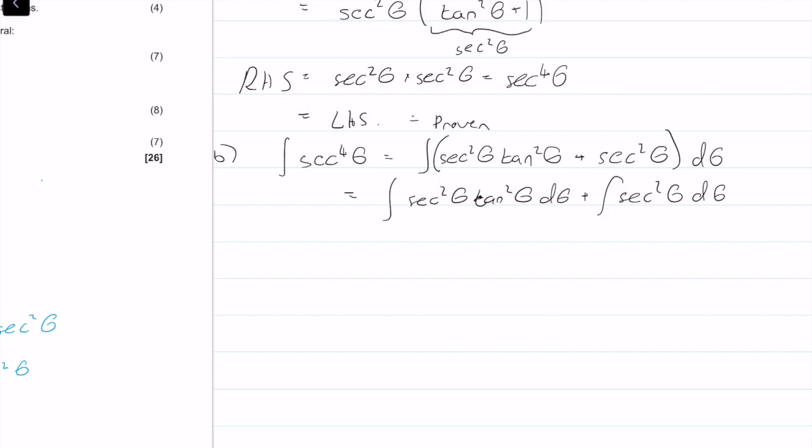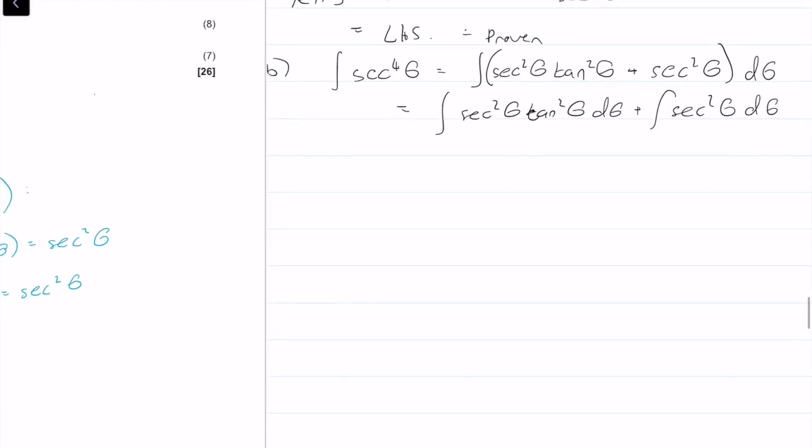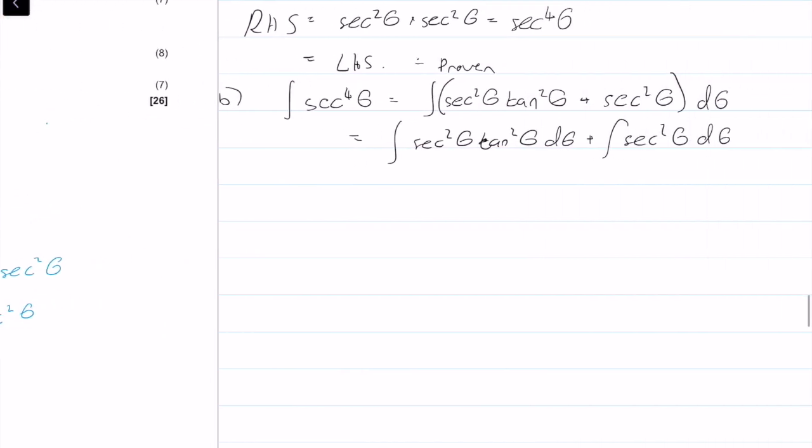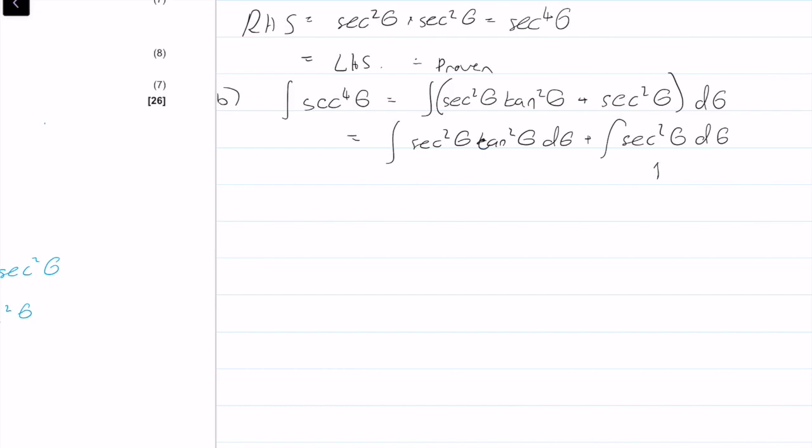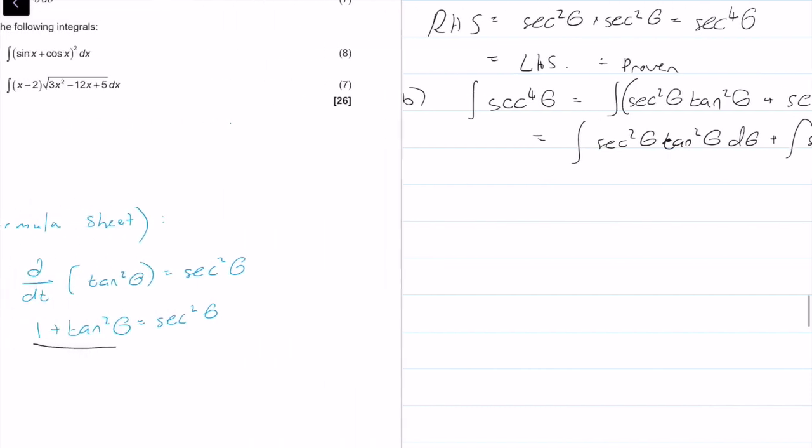Now we can work with these separately. First of all, we can solve the back end of this, the integral of sec squared theta.